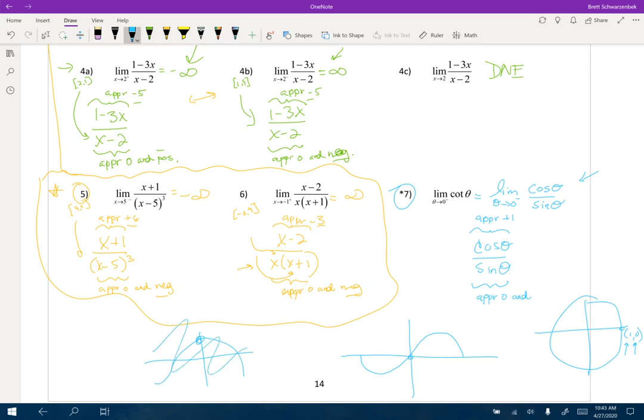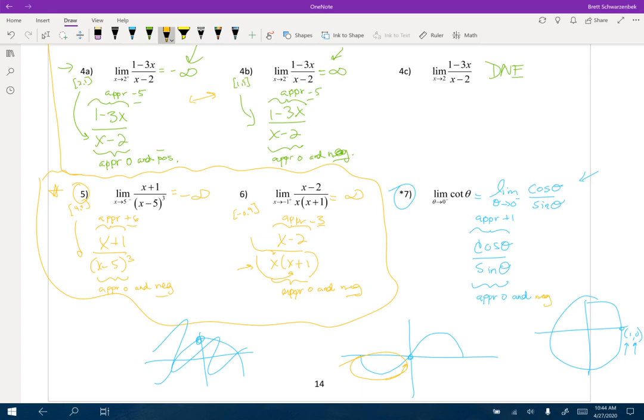Theta is approaching 0 from the left side. So look at our graph. If we approach 0 from the left side, what types of heights are we going through? What types of values of y, if that's easier? All the values approaching from that side are negative, which means that this is negative.